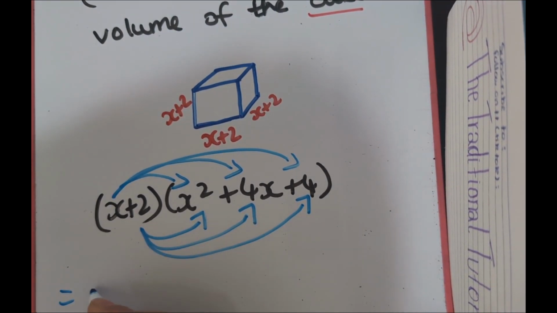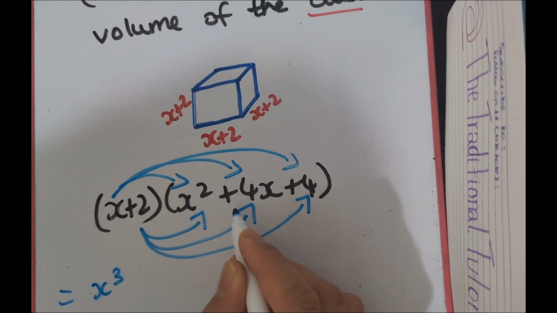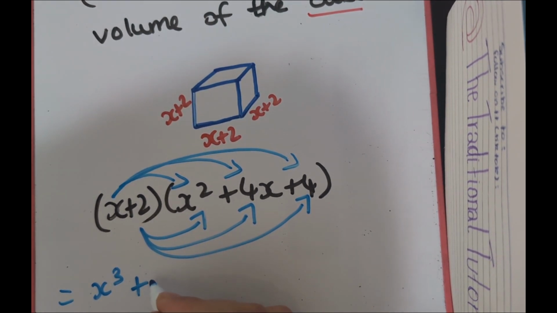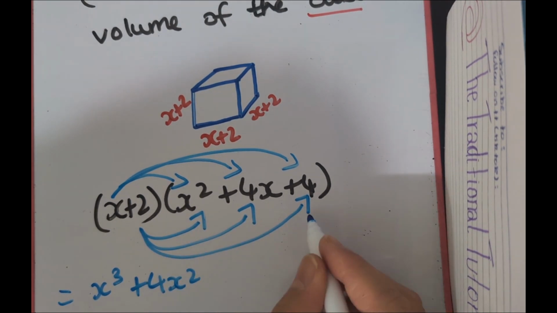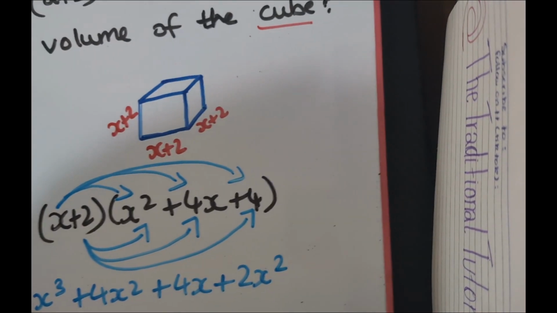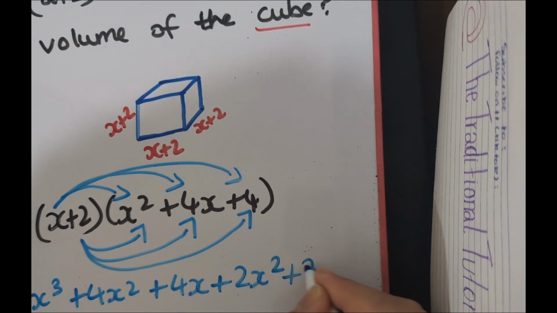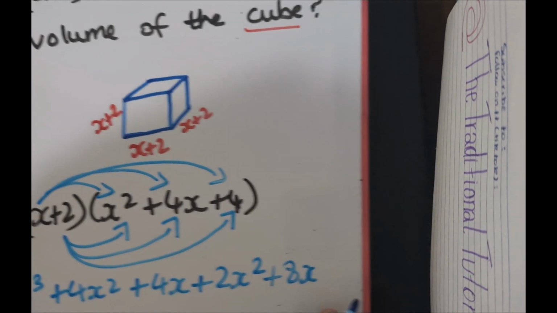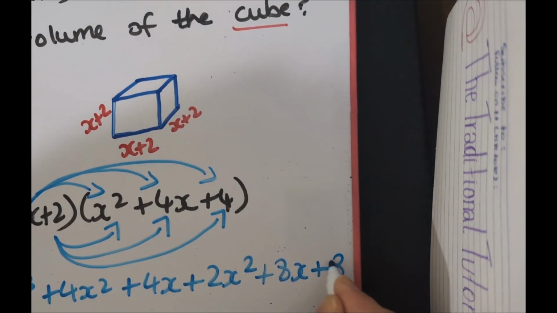So x times by x squared gives me x cubed. X times by plus 4x gives me plus 4x squared. And then x times by plus 4 gives me plus 4x. 2 times by x squared gives me plus 2x squared. 2 times by plus 4x gives me plus 8x. And then 2 times by plus 4 gives me plus 8.